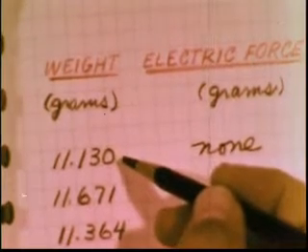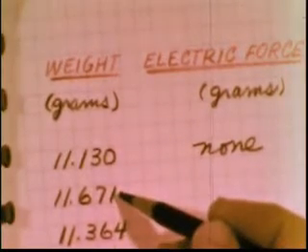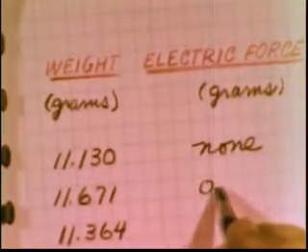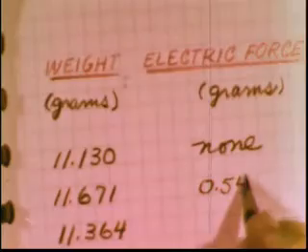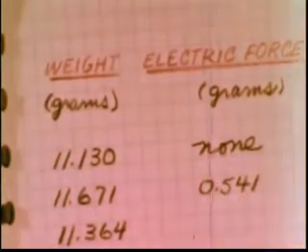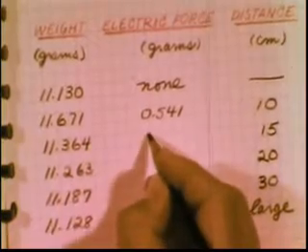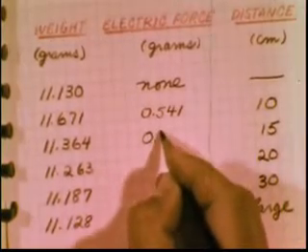Subtracting the reading due to gravity from the reading at 10 centimeters gives us 0.541 grams for the electric force. In a similar manner, the electric force for each of the other distances is calculated.